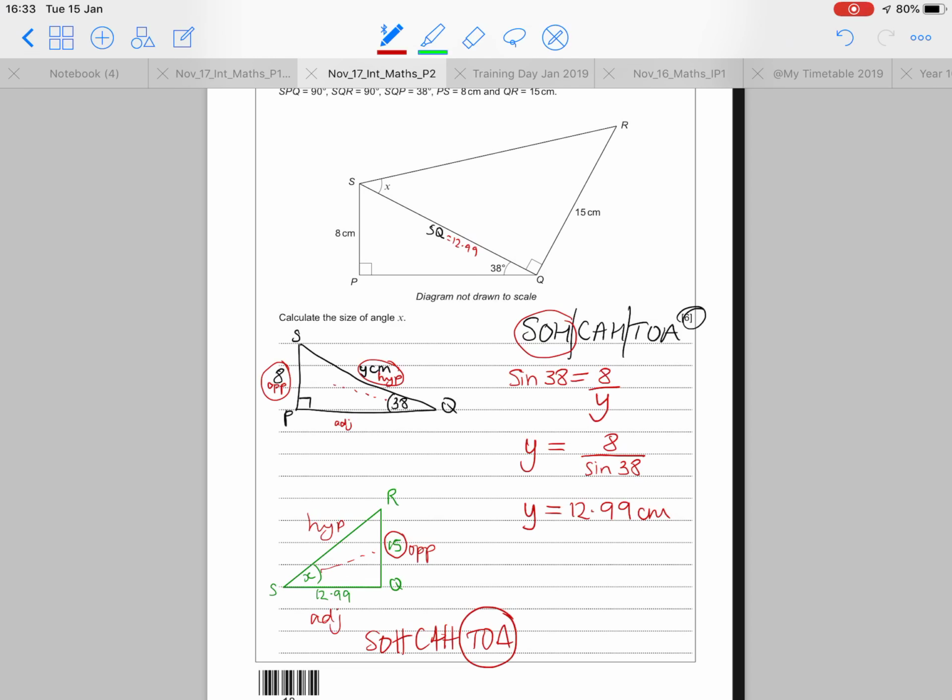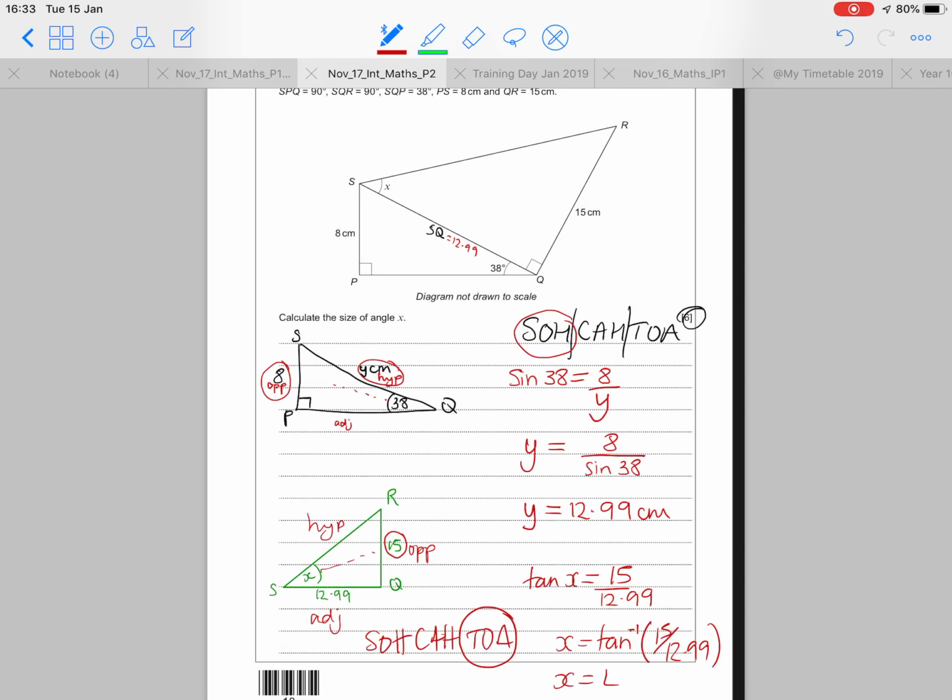So trigonometry tells me tan of angle x is equal to the opposite divided by the adjacent. Angle x is tan to the minus 1, inverse tan, moved over to the right hand side, of 15 over 12.99. So shift tan on my calculator, 15 divided by 12.99.